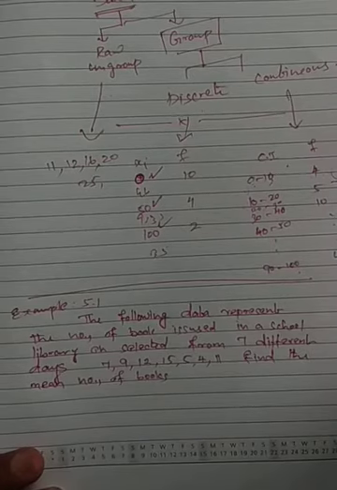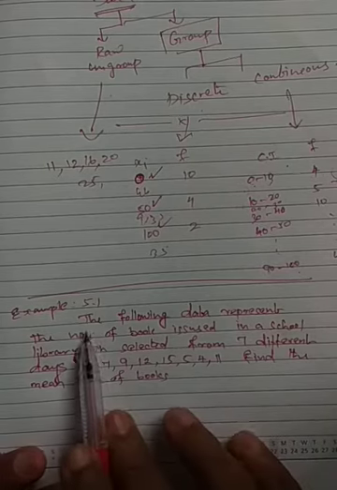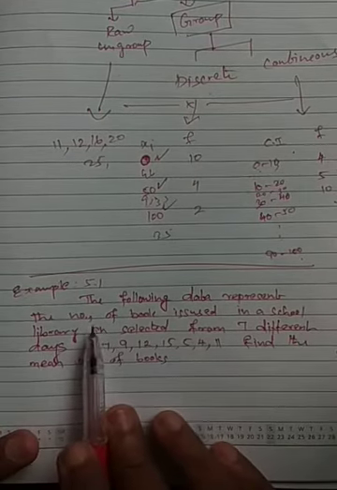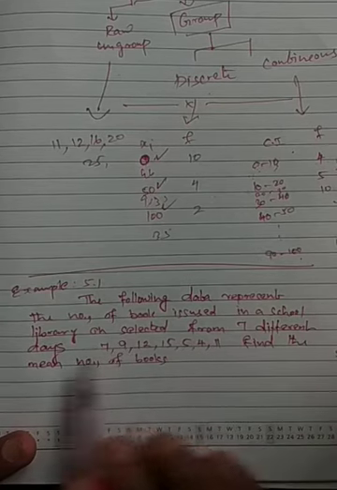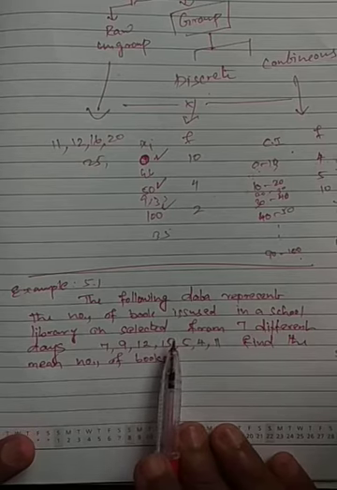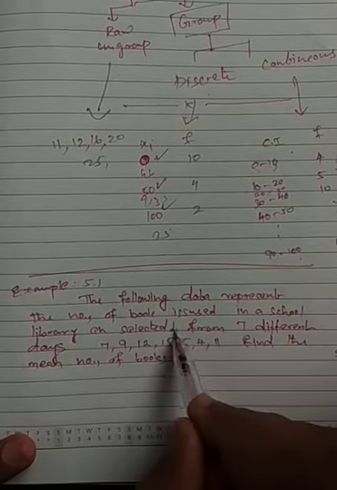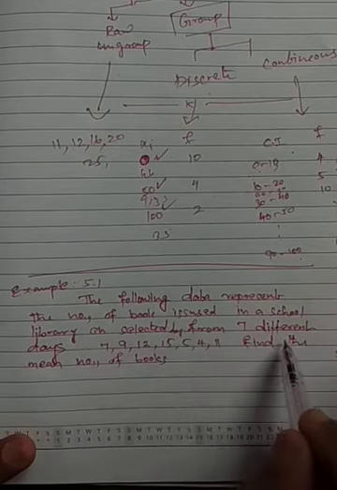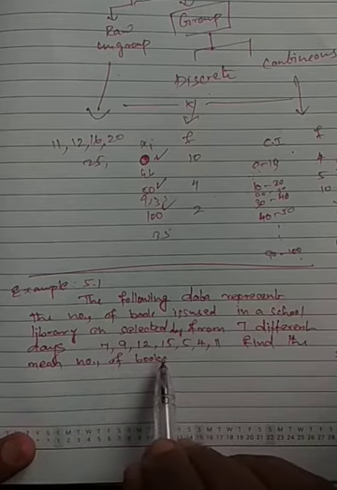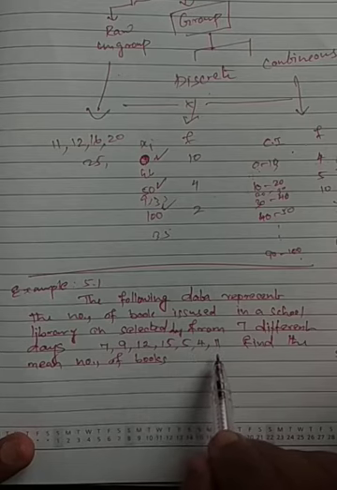You can see example 5.1. What are they saying? The following data represent the number of books issued in a school library on seven different days: 7, 9, 12, 15, 5, 4, 11.